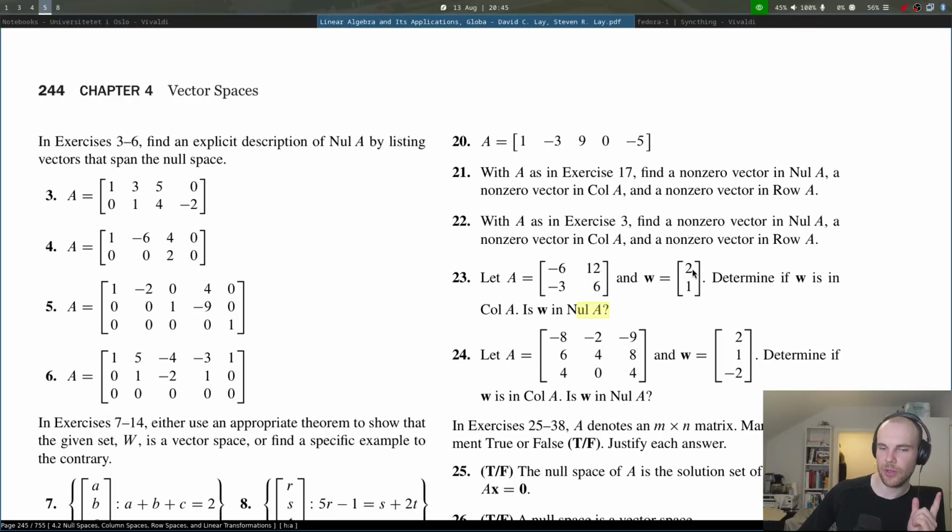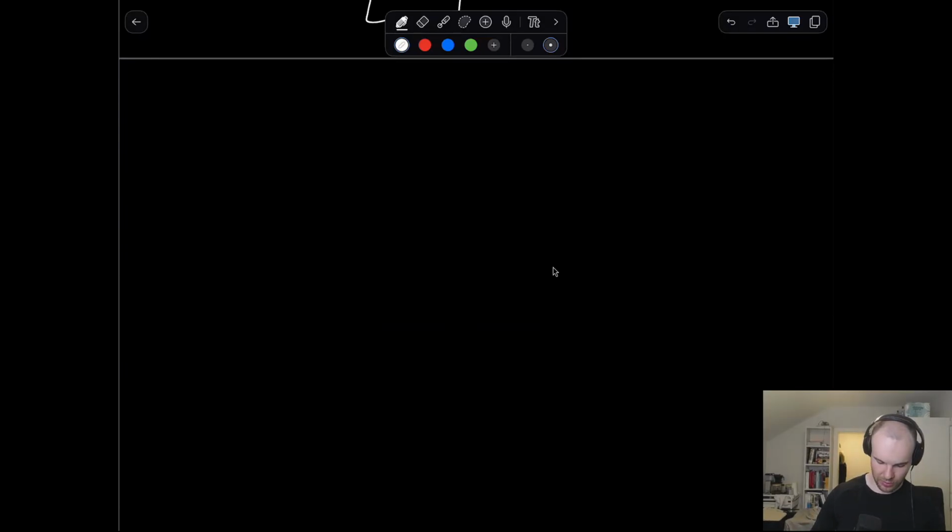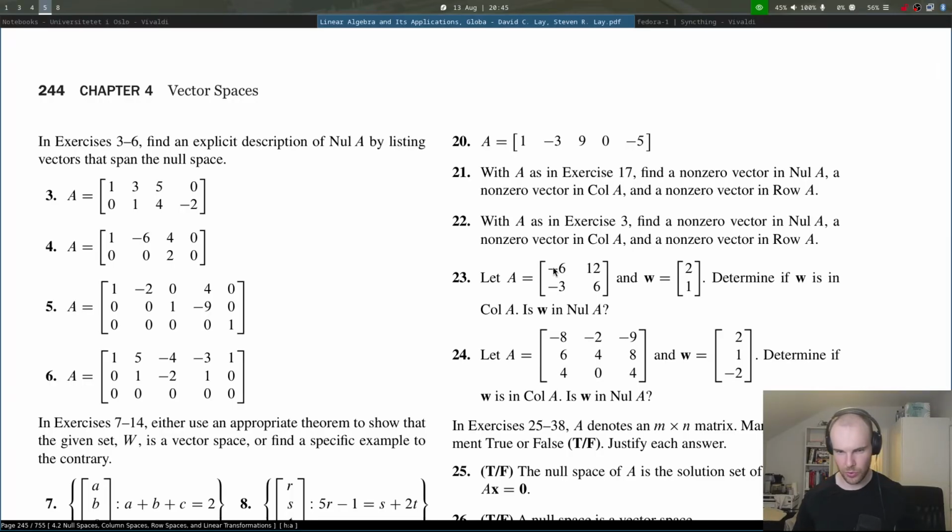And as well, you can move out 2 and 1. So I can do another type of solution to this problem. I don't think you're supposed to solve it like I do now, but who cares? My solution is pretty valid. Minus 3, 12, and 6. I want to check if W is in col A. So W, not V. 2, 1, is this in col A?